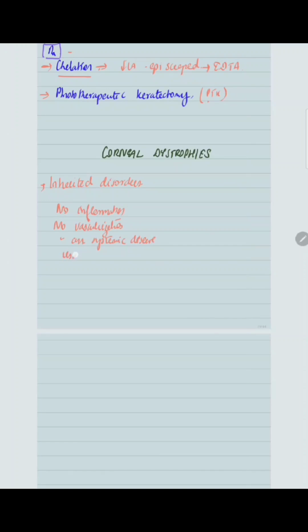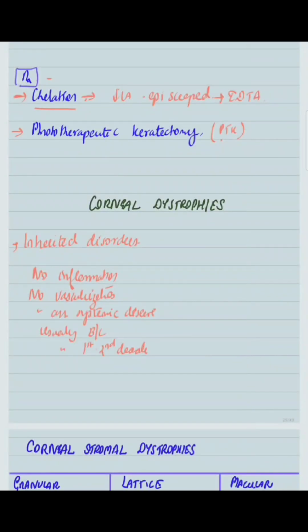It is usually bilateral and usually manifests in the first or second decade. This is the differentiating feature between corneal dystrophies and degenerations.